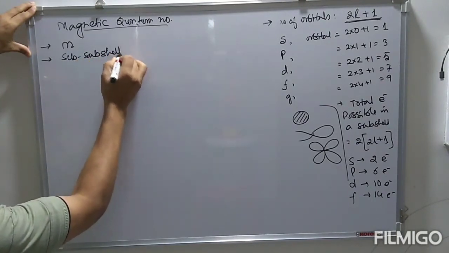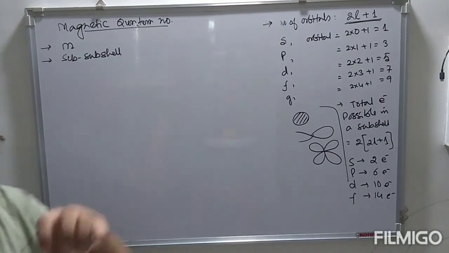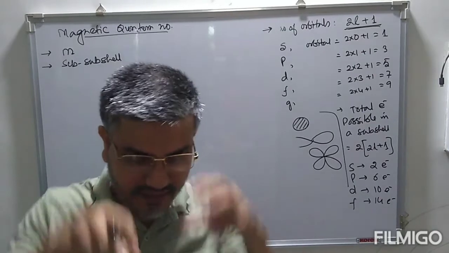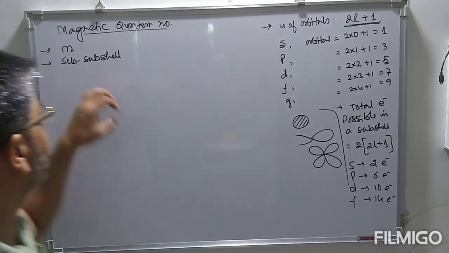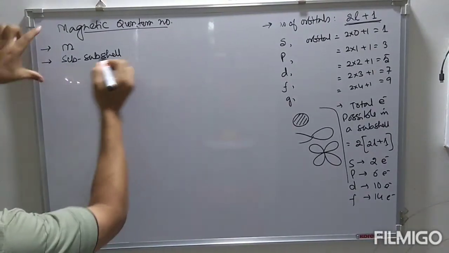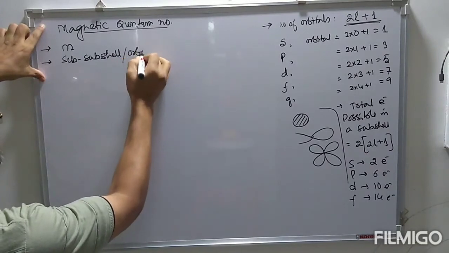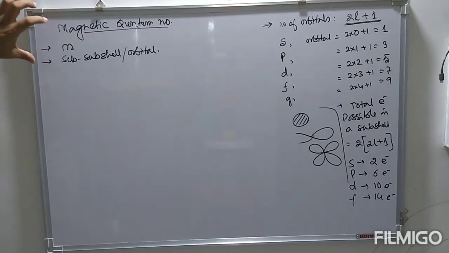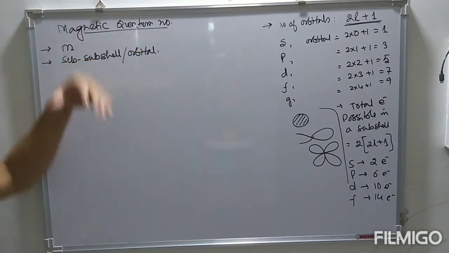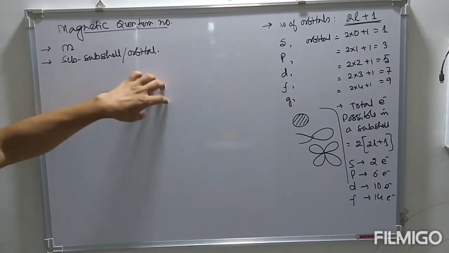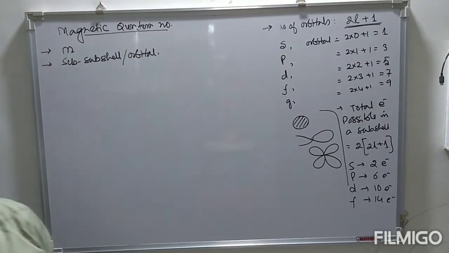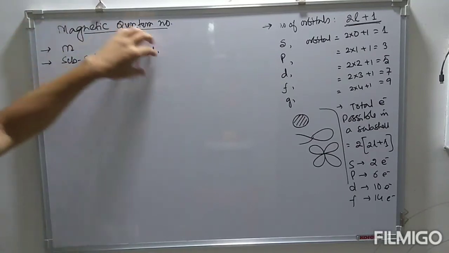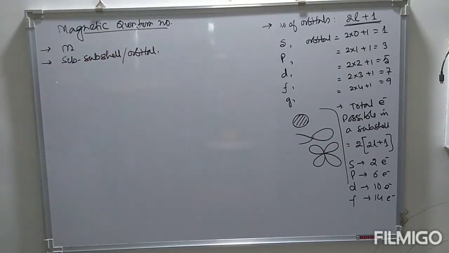This magnetic quantum number defines subshell. That means we have a shell. Inside this we have subshell. Inside this subshell we again have subshell. So that subshell is what we call orbital. So the subshell in a subshell is defined as orbital. This is the place where the probability of finding electron is maximum. So this m represents the orbital.